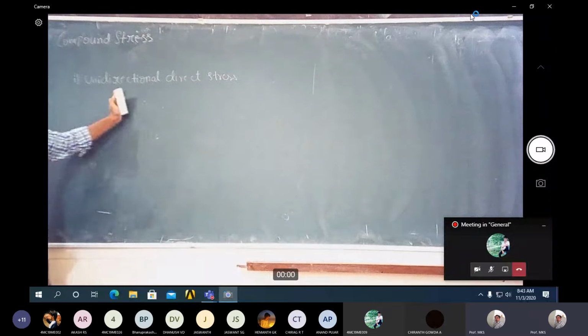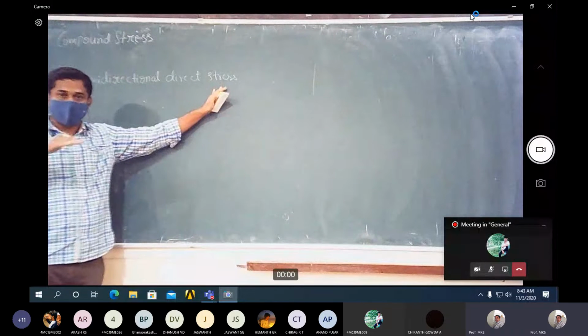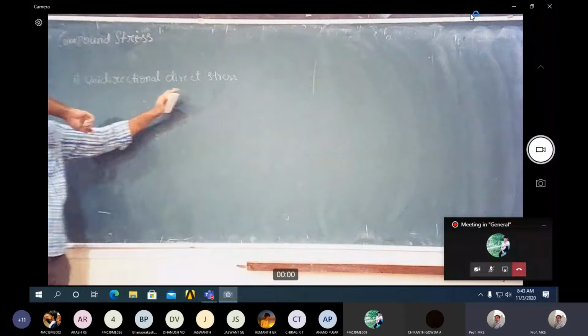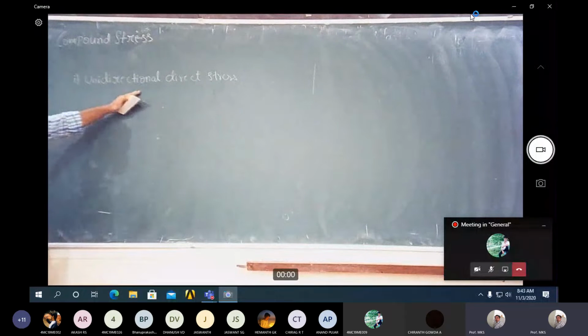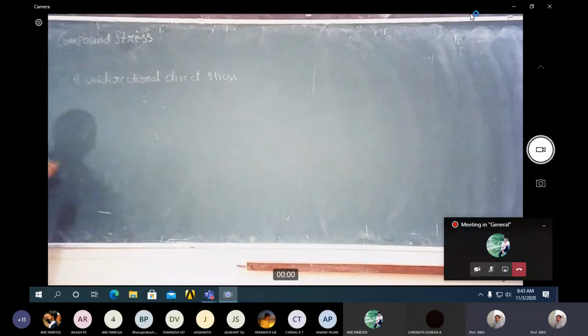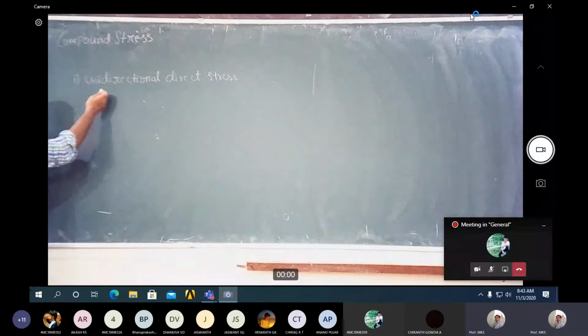That is only a single stress acting in one direction. You know there are different directions like x direction, y direction, z direction, right? If the stress is acting in only one of the directions, we are going to find the equations for that.